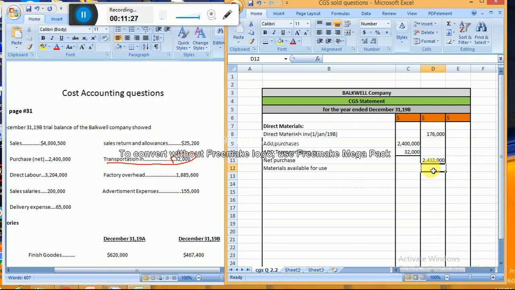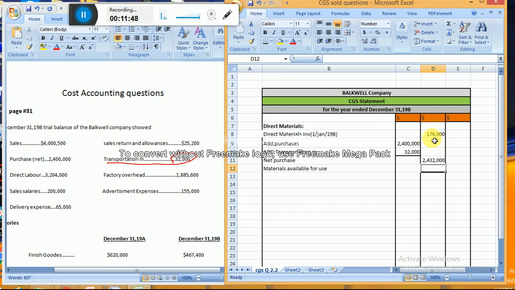So look, the material available for use is the $1,76,000 material that is transferred from the previous year, that is the remaining material of 19A.